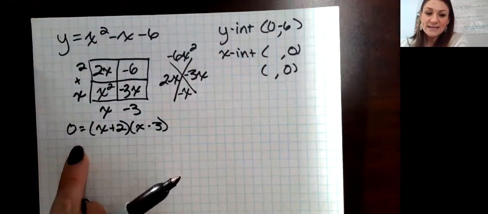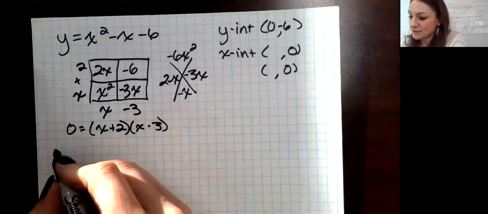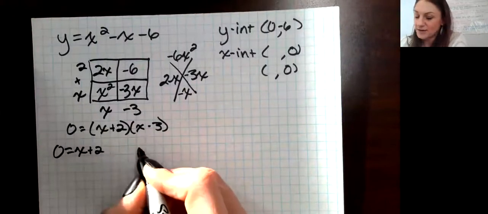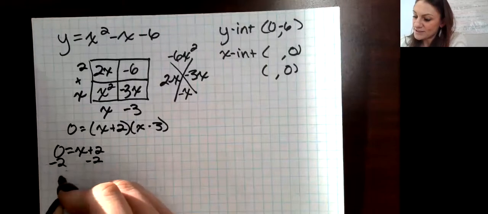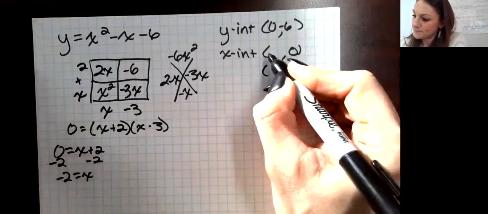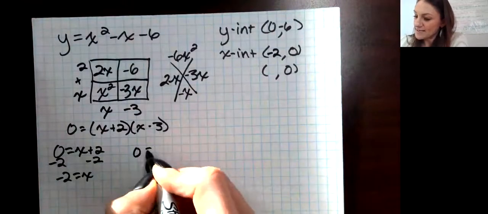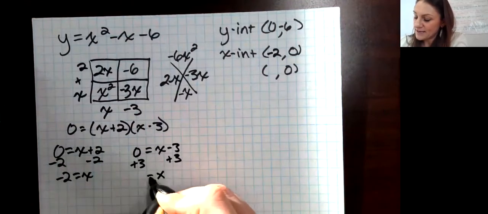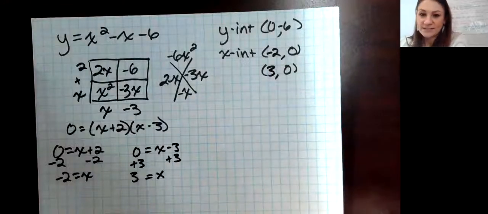That means that one of them must be 0. So I'm going to set this first factor equal to 0 to be able to find the first x-intercept. Then I'm going to take the second factor and set it equal to 0 to find the second x-intercept.